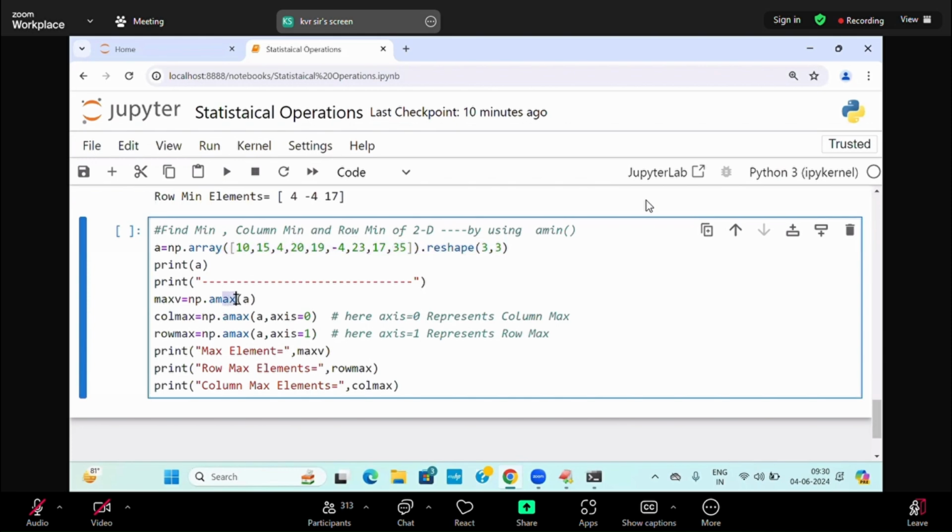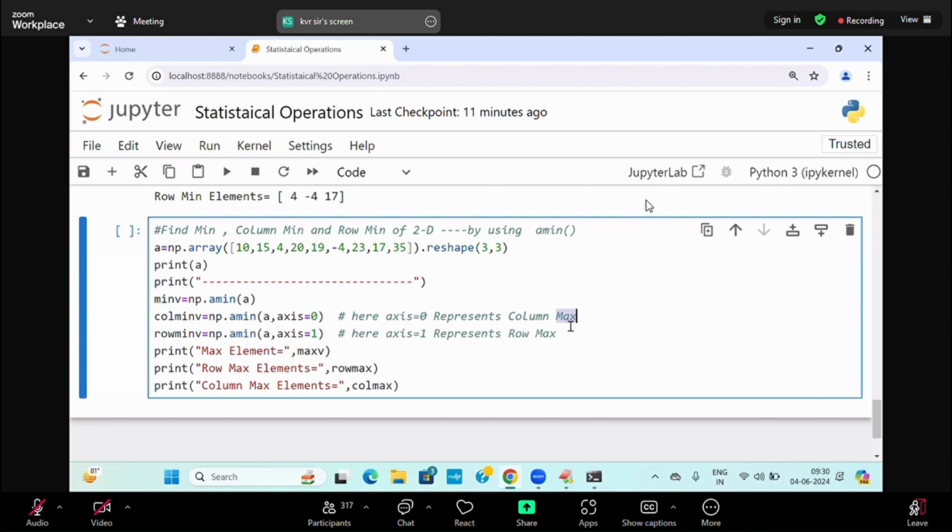Now I'm writing here a min of. So I will write min v. So I will take column min and then row min. So I will take this min of axis and also here I will write min of.